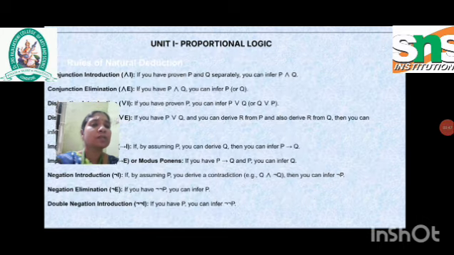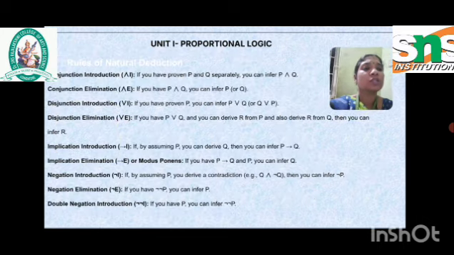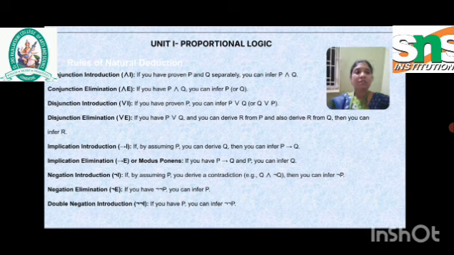The next one is rules for natural deduction. These are the rules used in natural deduction, such as conjunction introduction, conjunction elimination, disjunction introduction, disjunction elimination, implication introduction, implication elimination, negation introduction, negation elimination, and double negation introduction.